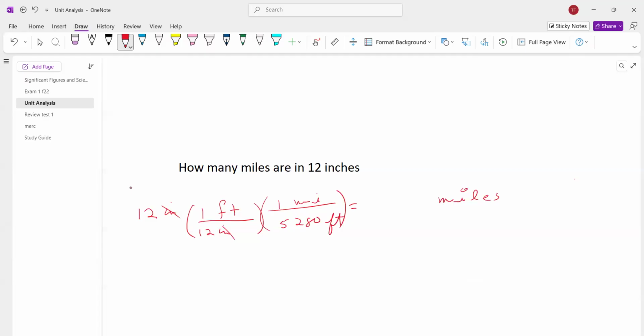And sig fig wise, okay, so that's infinite, 2. So on this one, again, everything cancels except what we're trying to calculate.